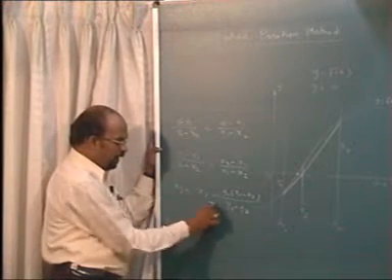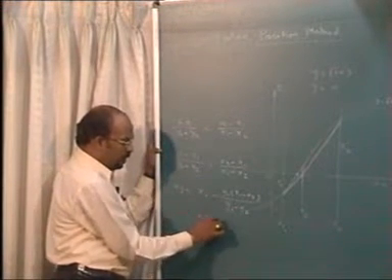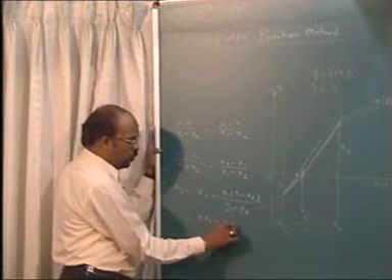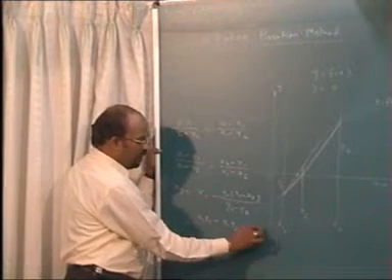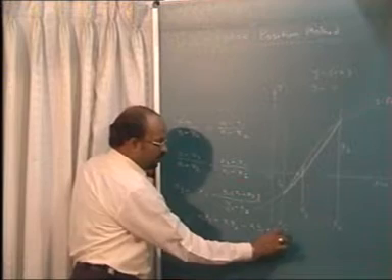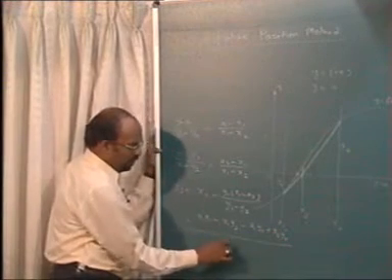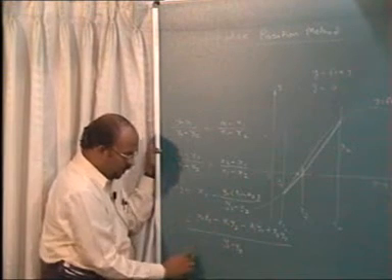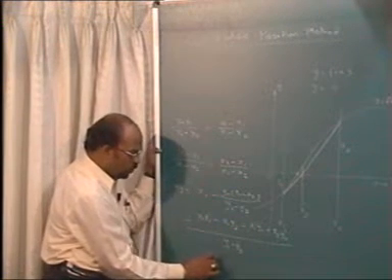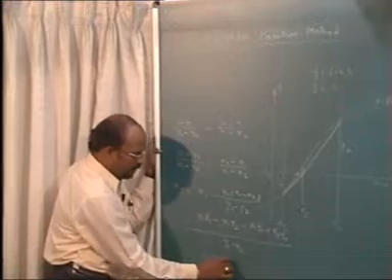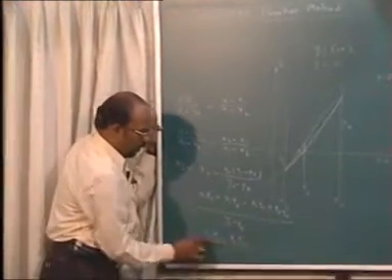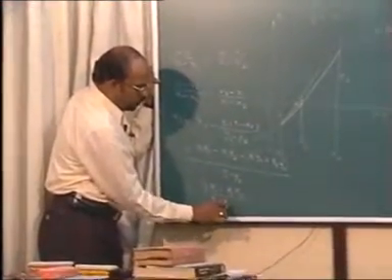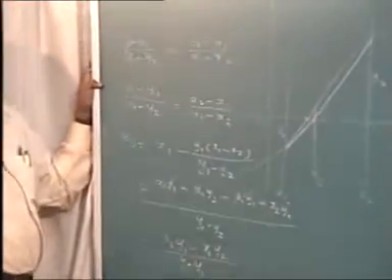If you simplify it, it will be x1 y1 minus x1 y2 minus x1 y1 plus x2 y1 upon y1 minus y2. This x1 y1 will cancel and you get the formula as x2 y1 minus x1 y2 upon y1 minus y2, the formula for x3.